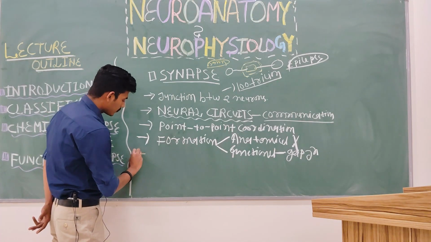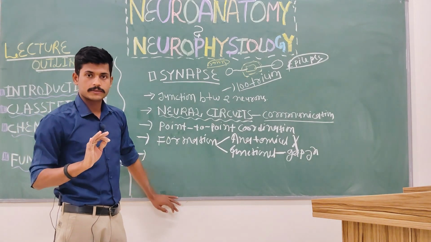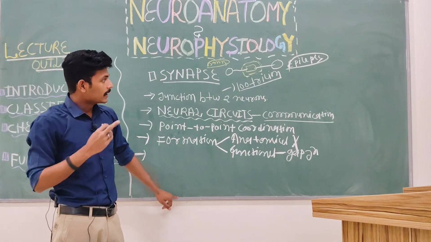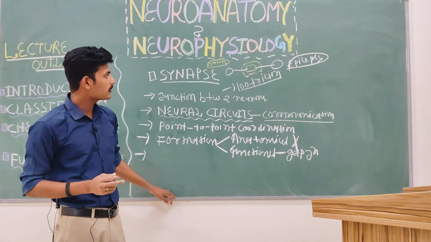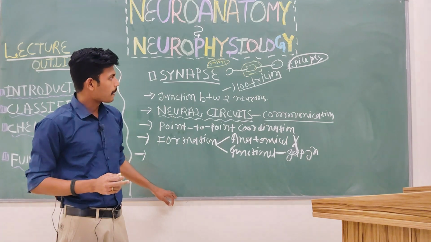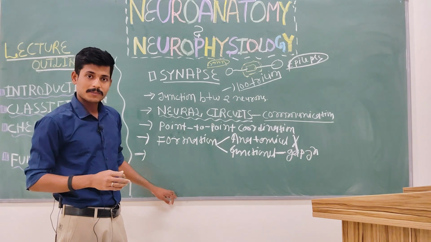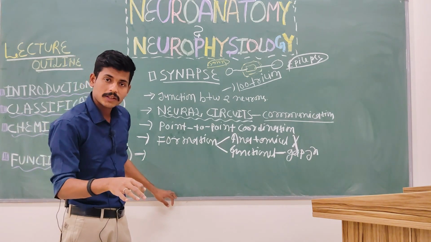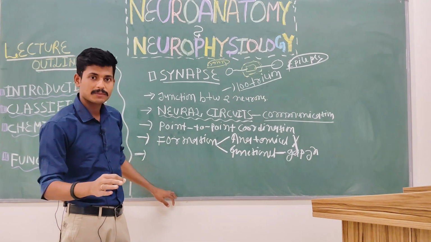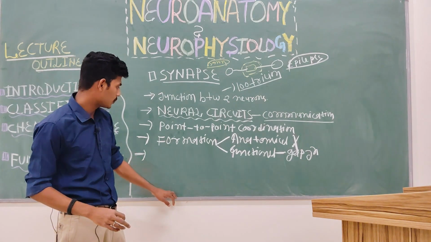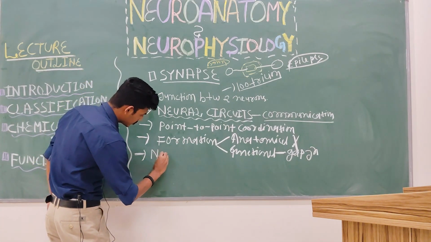Now another thing which you write down is that memory formation involves synapse formation. Then it's not limited to only one neuron to another neuron; sometimes neurons have to communicate with our muscles, and that connection between the neurons and the muscles is termed the neuromuscular junction, or NMJ.